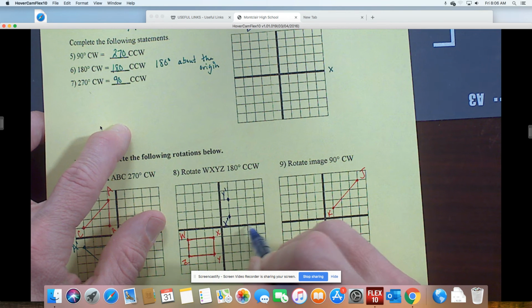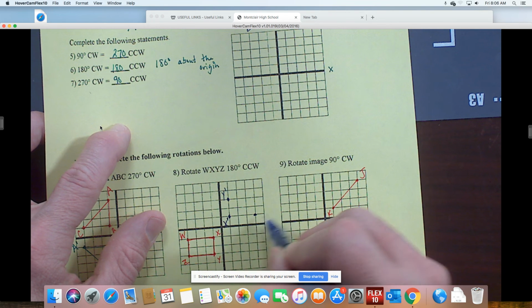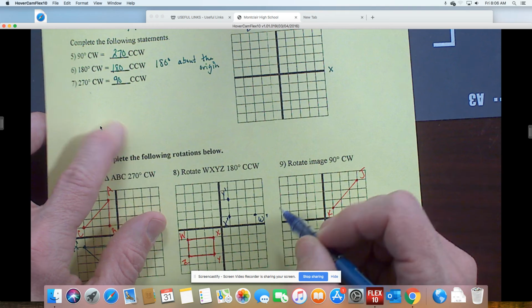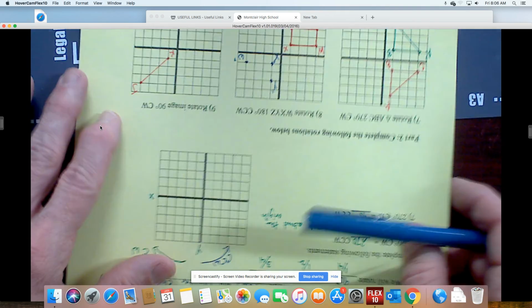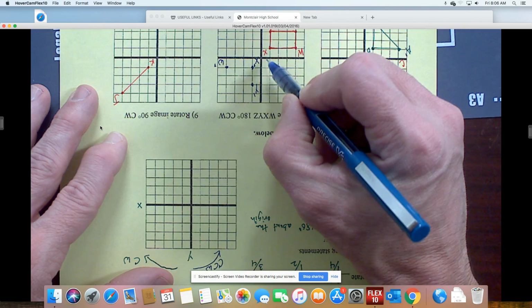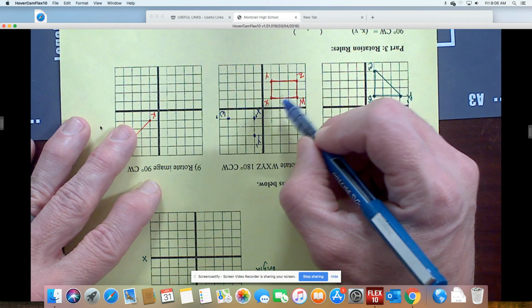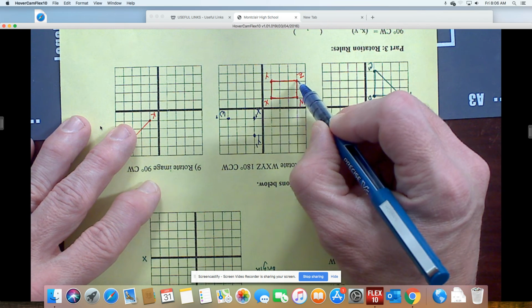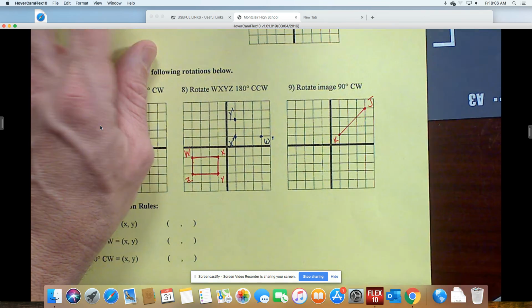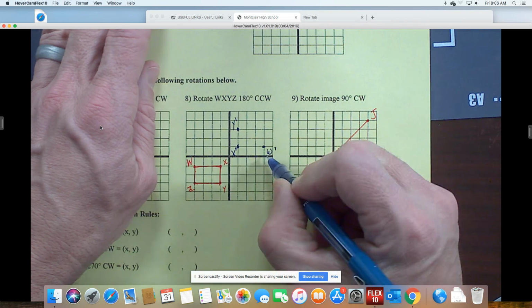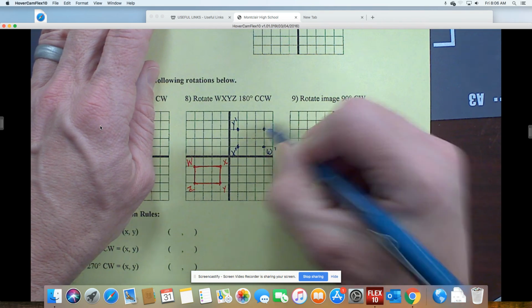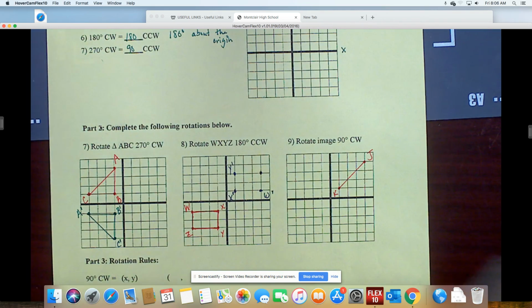And then the last one would be Z, which is +4, +3. So I'm going to scroll back, rotate back. +4, +3. And then use my straight edge.